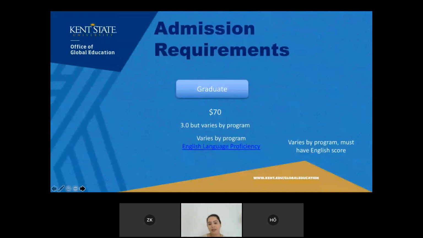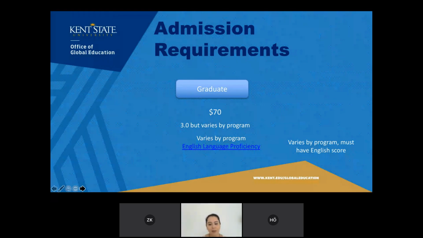And so most of the time with admission requirements, there will be an online application. There will be an application fee. For instance, at Kent State University, when you complete the online application, you have to pay a $70 application fee.